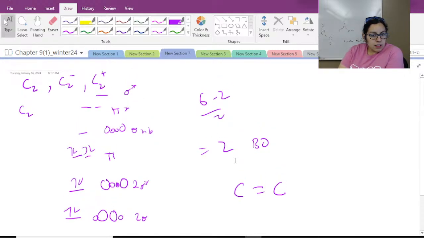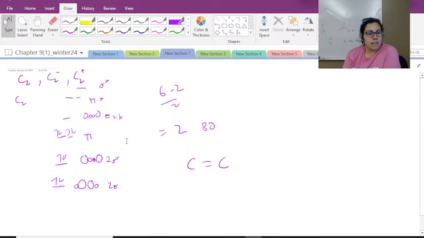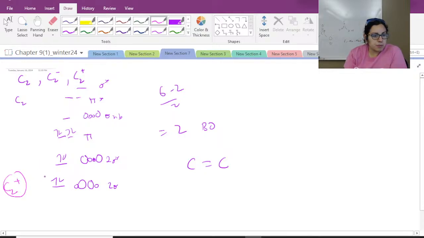So that looks good. And so then if we want to change it for C2 plus, what does that change really? You just take away an electron. So take away an electron, so that's going to affect our bond order. Another trick, you could also try to squeeze in your electrons on there. So if I want to do C2 plus, I'll switch it to pink. And if anyone's colorblind, definitely let me know.